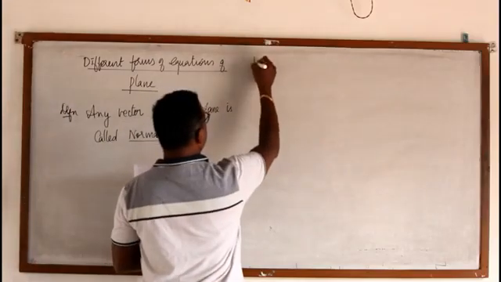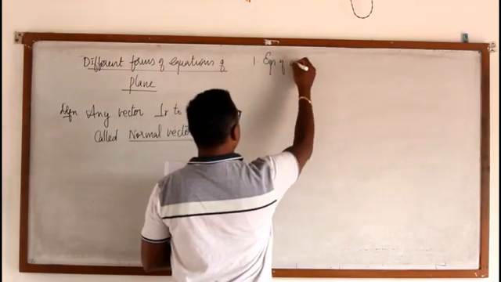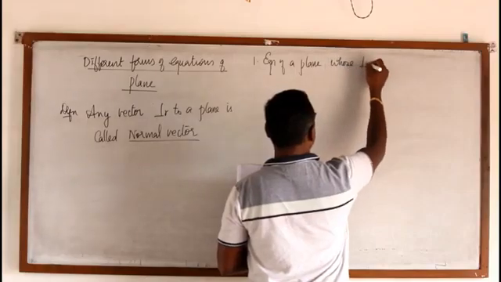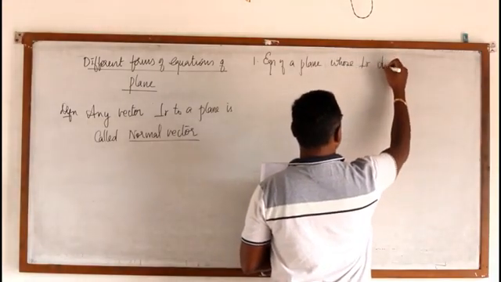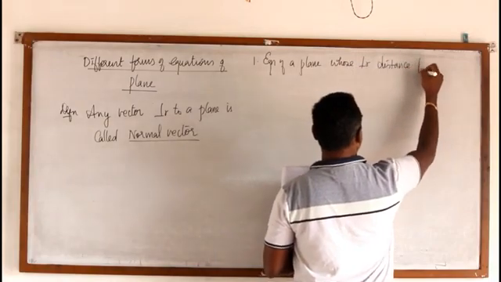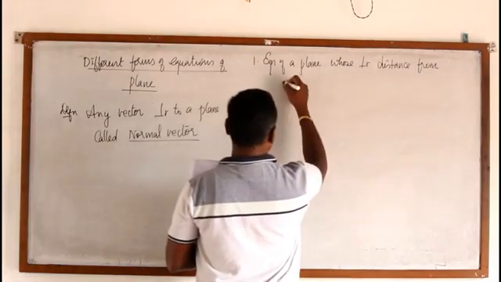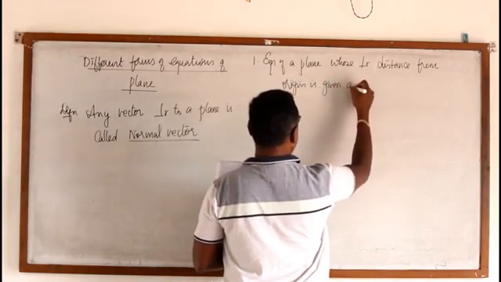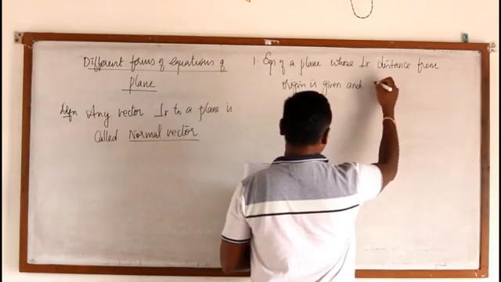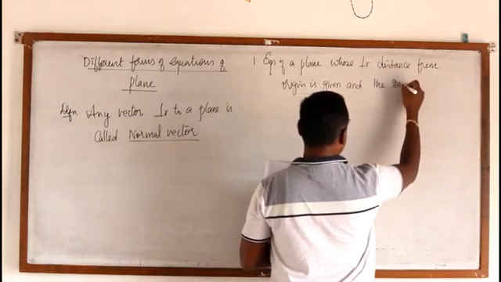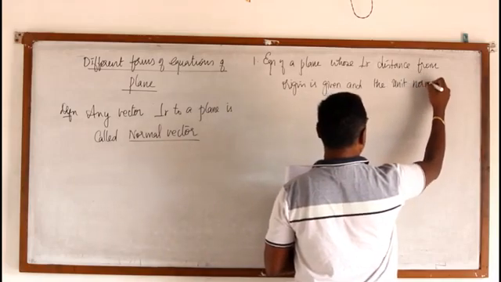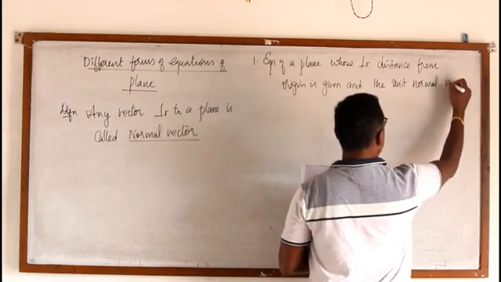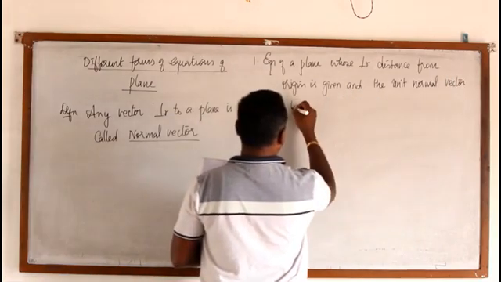Now, first one, the equation of a plane whose perpendicular distance from the origin is given, and the unit normal vector is also known.